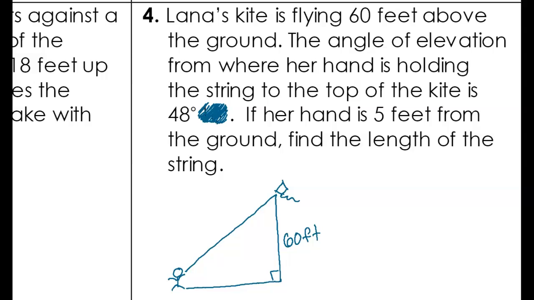Now, this problem is actually tricky. Why is this problem tricky? Does anyone know? Yes, Lana is 5 feet from the ground. So what this means is I am going to draw another line that is 5 feet above the ground to complete my triangle. Now, what does that change?